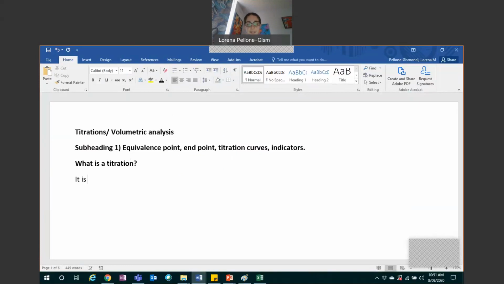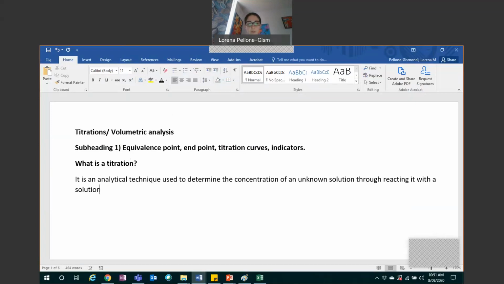It is an analytical technique used to determine the concentration of an unknown solution through reacting it with a solution of known concentration.